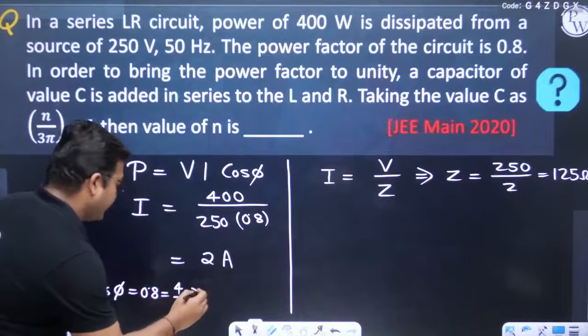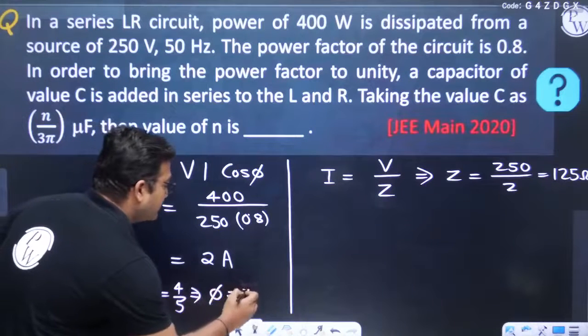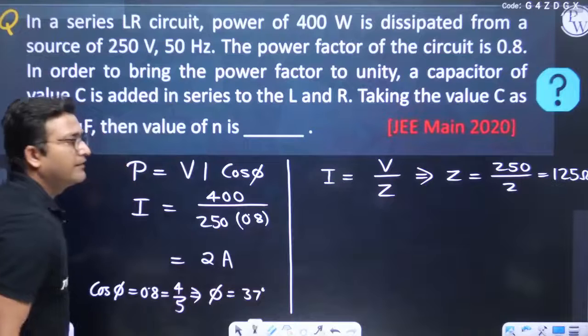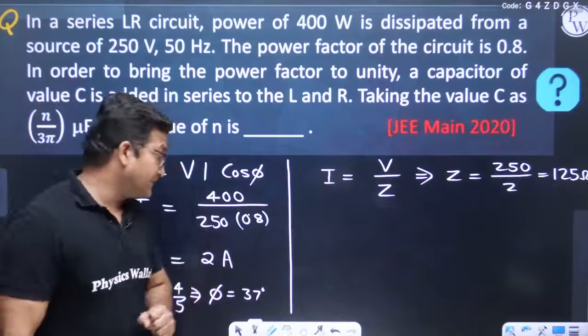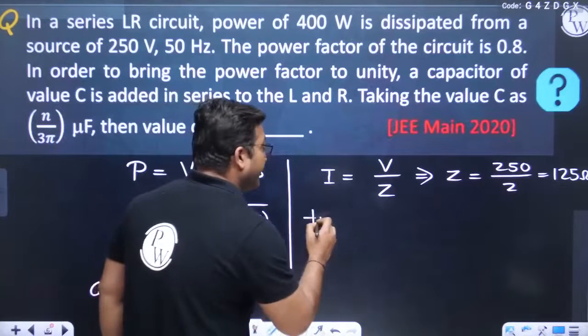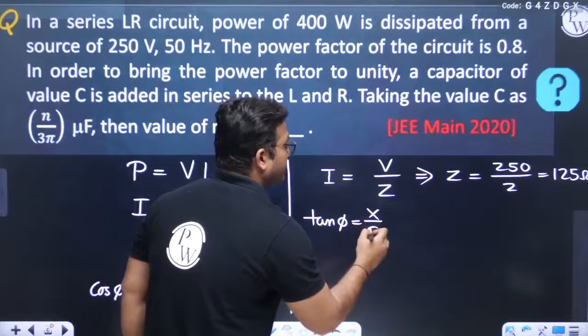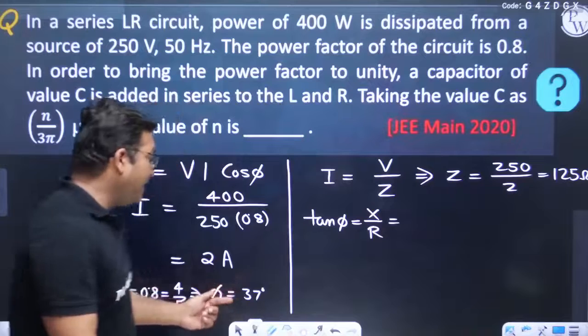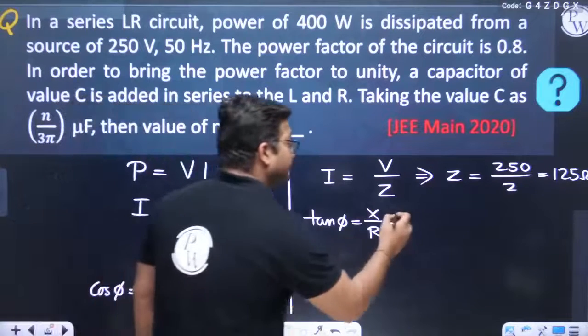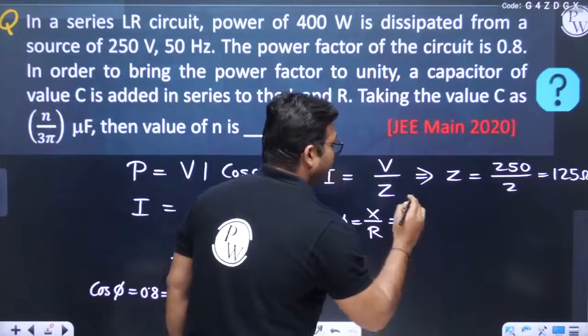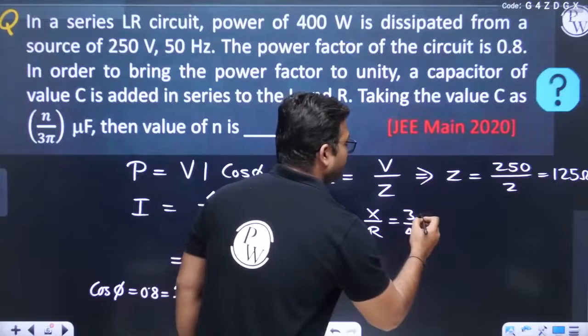From here you can say phi equals 37 degree, right? And if phi equals 37 degree, tan phi, I think you remember, is X by R. So this is equal to tan 37, which is 3 by 4. This will help us a lot.